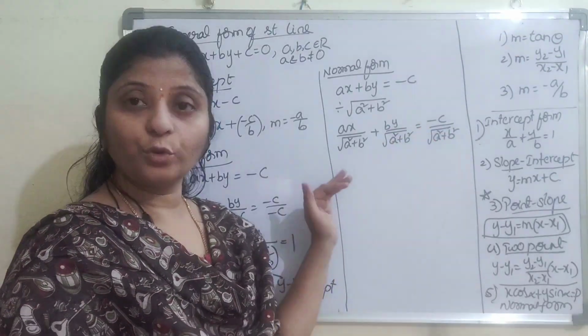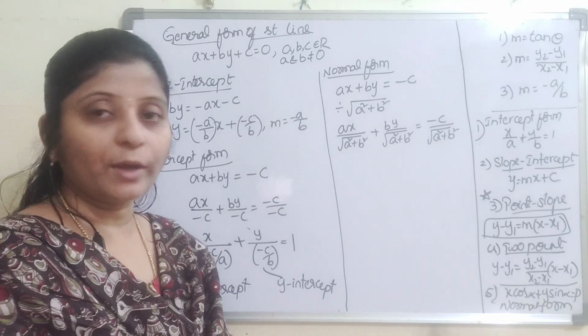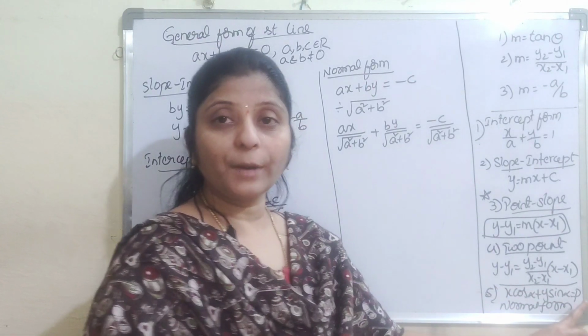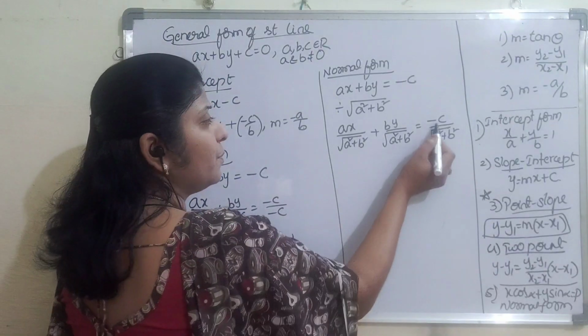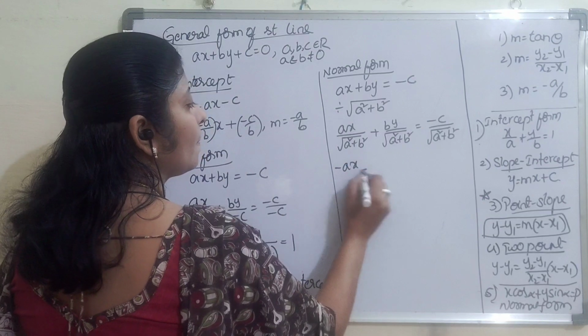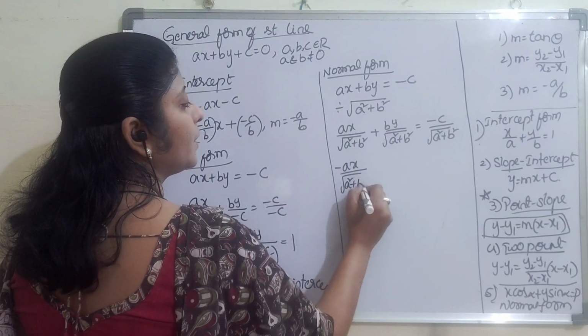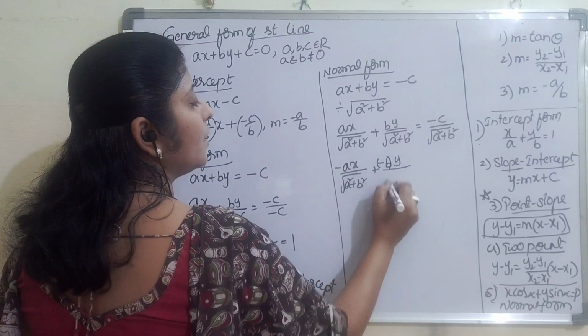So you have to multiply throughout by minus, because we know distance will not be a negative value. We are saying p is the perpendicular distance. So distance will not be a negative value. So multiply throughout with minus, minus into plus, minus into minus.